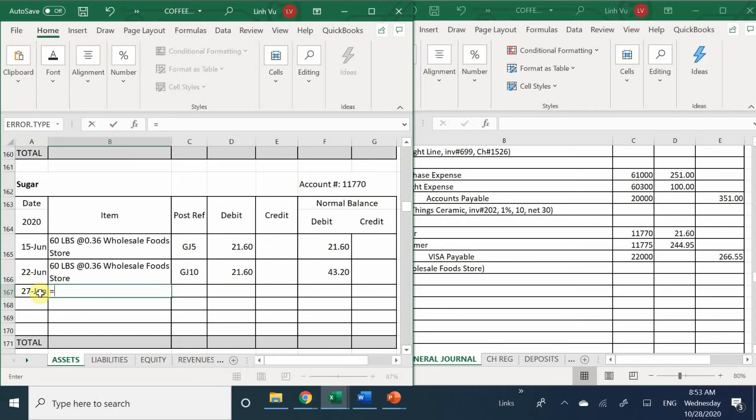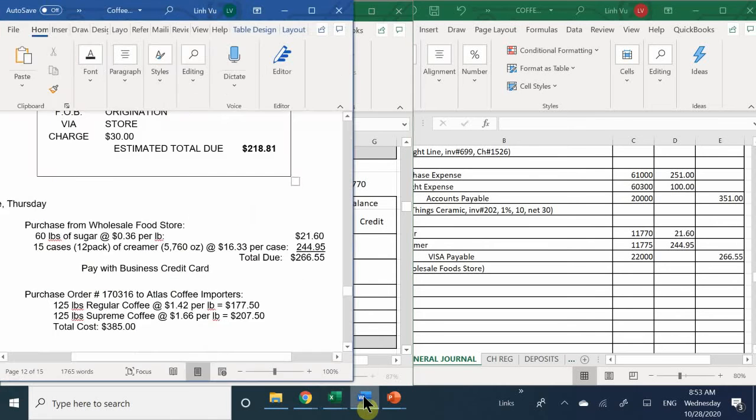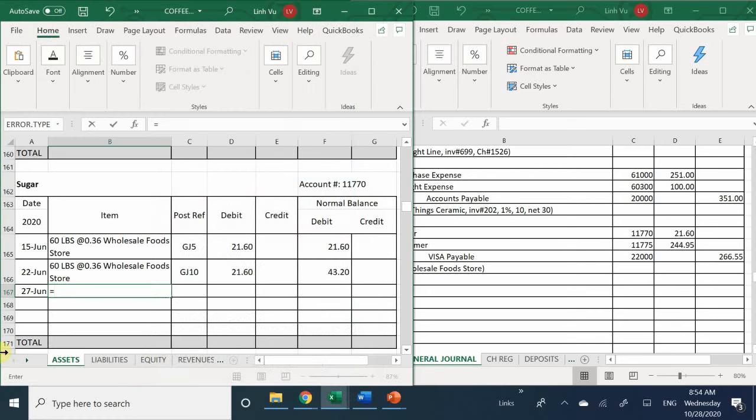The date of 6/27, and we bought how many pounds? Let's go back to this email. Oh, 60 pounds of sugar. Okay, so 60 pounds of sugar at 36 cents.